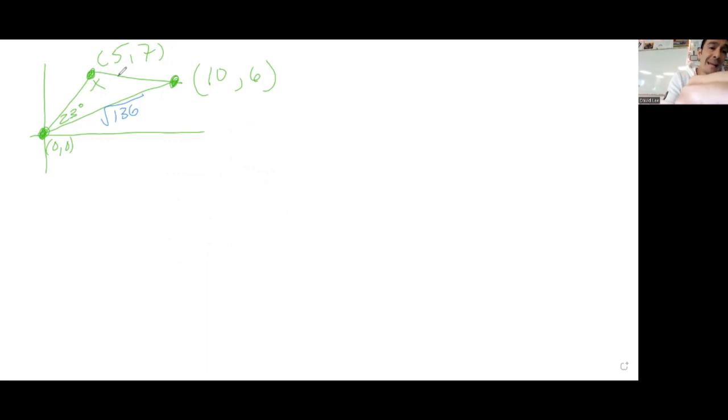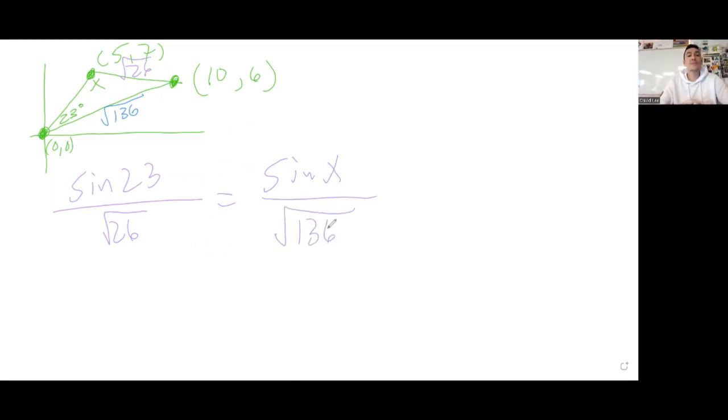And I would propose that now we can find x with law of sines. And that setup would go like this. It would say sine of 23 is to the square root of 26, as the sine of angle x is to its opposite side, the square root of 136.